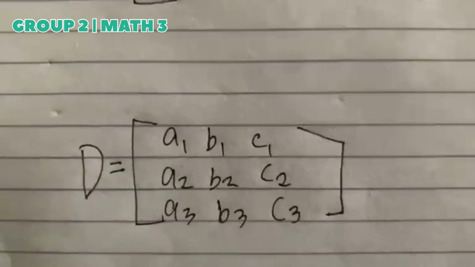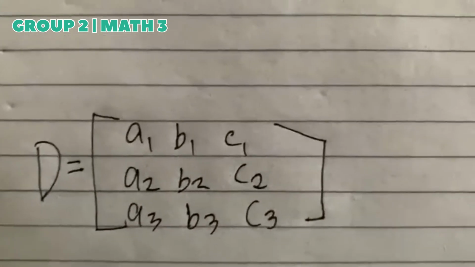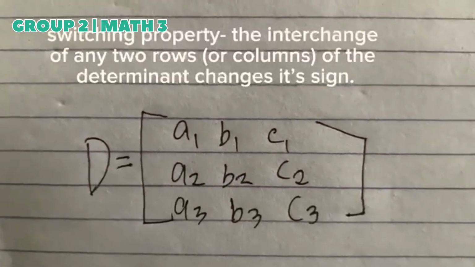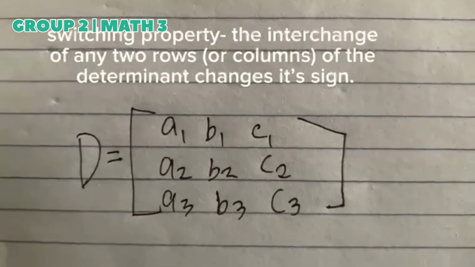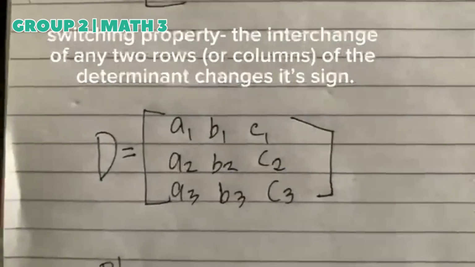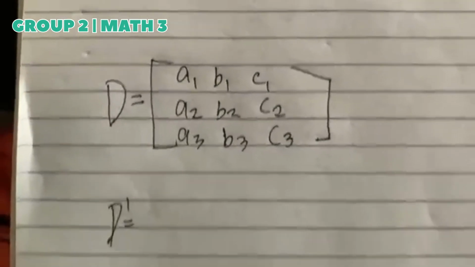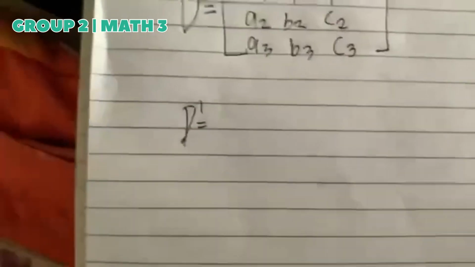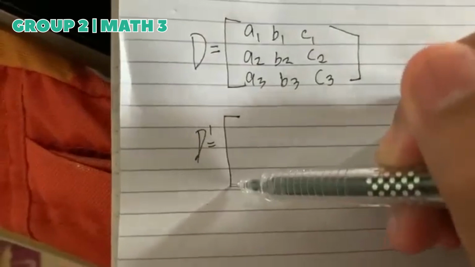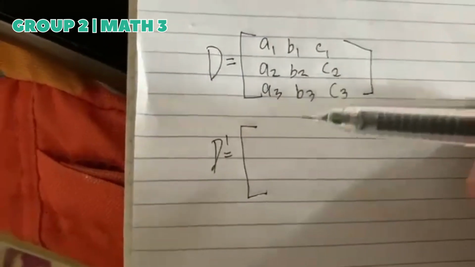Two rows, this is now the property: the interchange of any two rows or columns of a determinant changes its sign. So an example is this one. D1, interchange columns or rows.